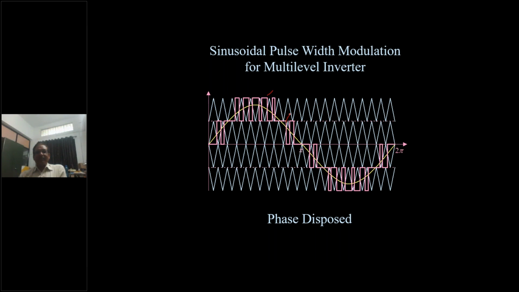Here I will get VDC by 4, 0 voltage, minus VDC by 4, and minus VDC by 2. So this comparison gives the output voltage. I make a switching like this. This is known as phase shifted, sorry, carrier shifted. Carrier is shifted up and down, so it will cover the total sine wave.